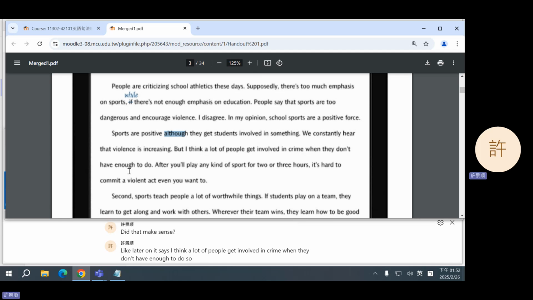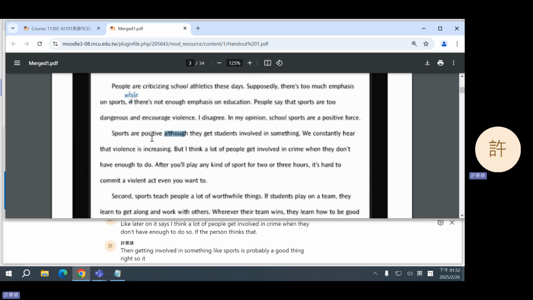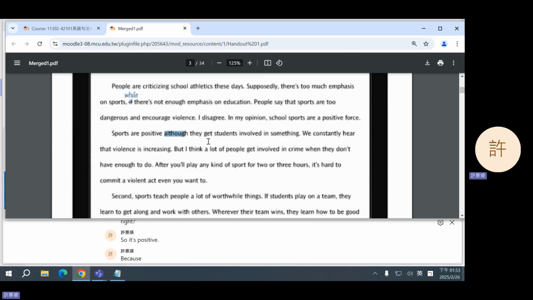So if the person thinks that, then getting involved in something like sports is probably a good thing, right? So it's positive because they get students involved in something that is not illegal. Make sense? Great.